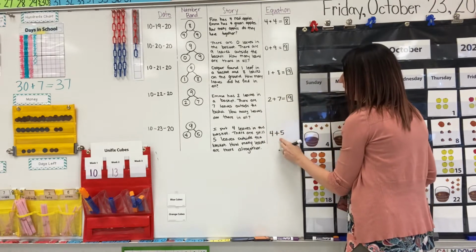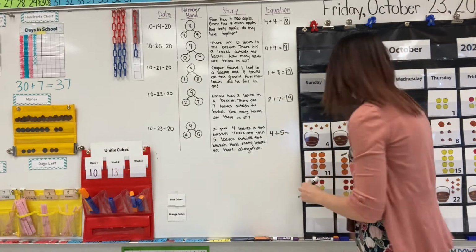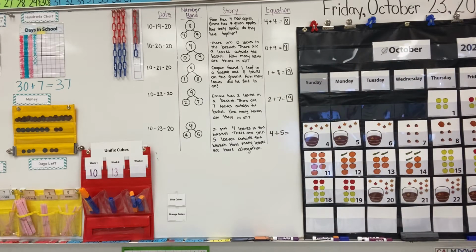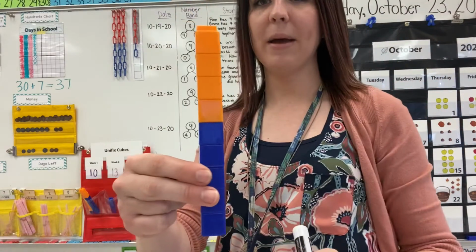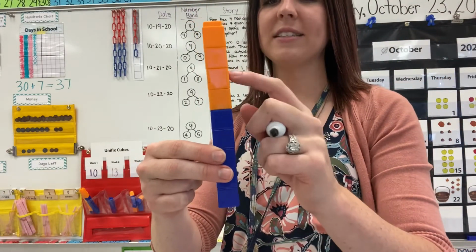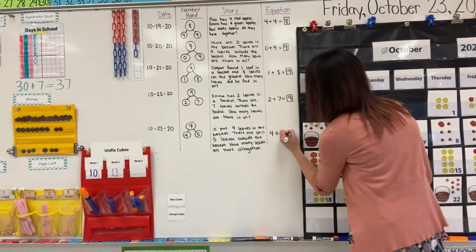And when 4 and 5 are together, they are the same as 1, 2, 3, 4, 5, 6, 7, 8, 9. Very good. 4 and 5 together are the same as 9.